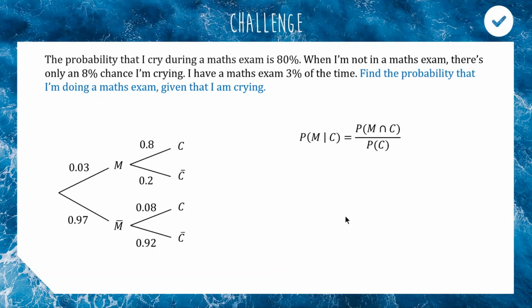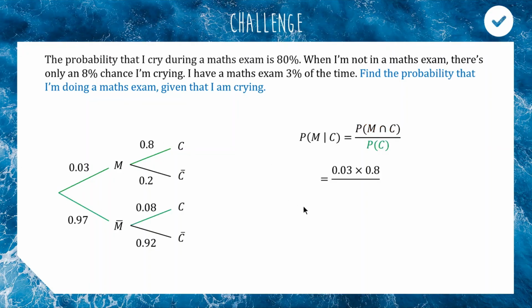Because there are two ways I could be crying, either this branch or this branch, we've got to account for both of them. The top of the fraction is going to be this branch, which is 0.03 multiplied by 0.8. The bottom of the fraction, the probability of crying, is this branch and this second branch, where they both end in tears.